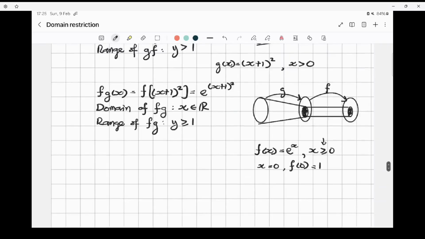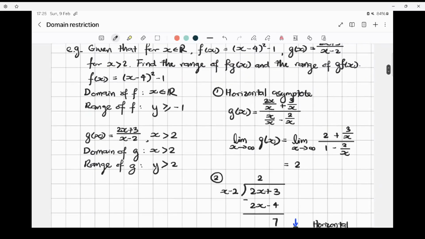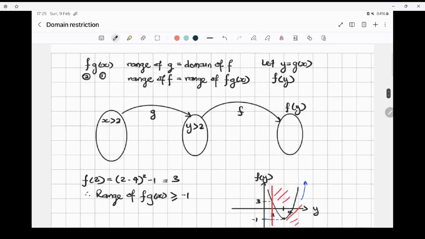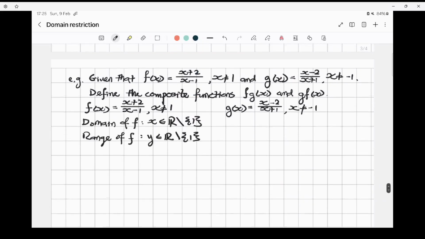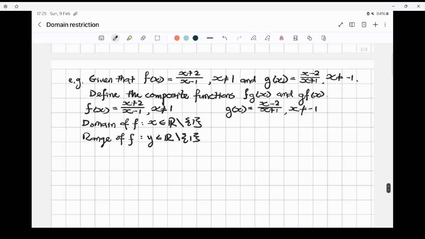Of course, you can use the method that I showed you, the first or the second method, but I don't really want to go through this right now. So let's just say I know the vertical asymptote is x equals to 1. I also know that the horizontal asymptote is y equals to 1.